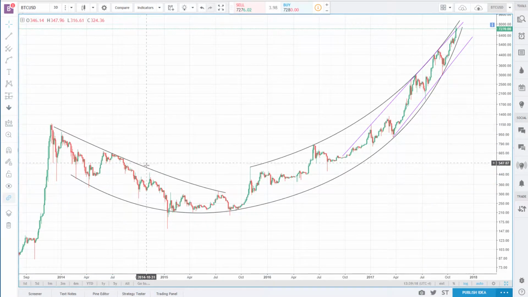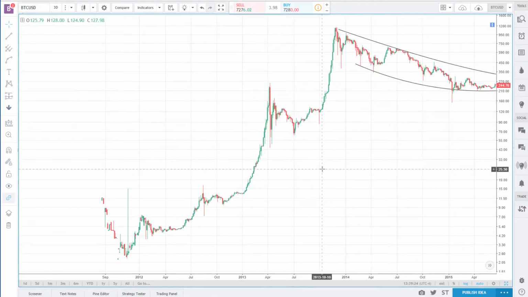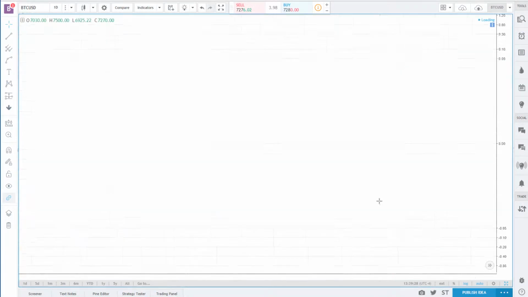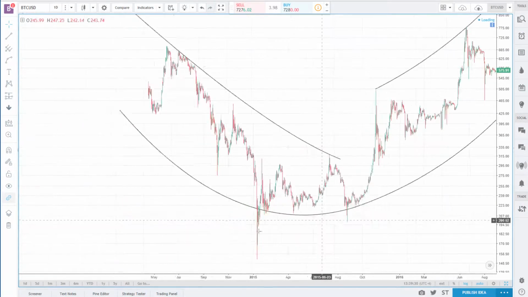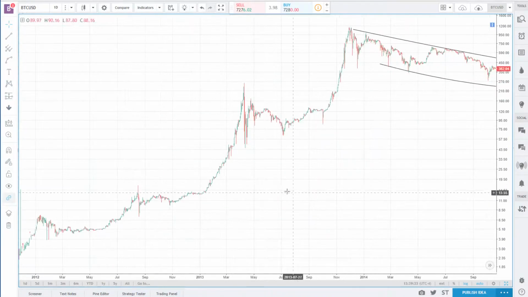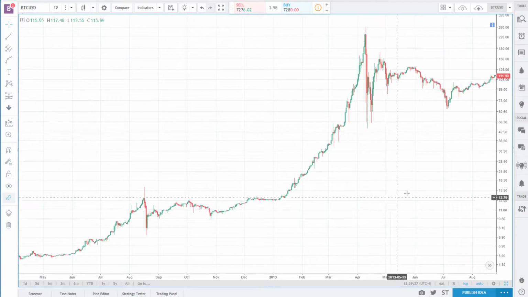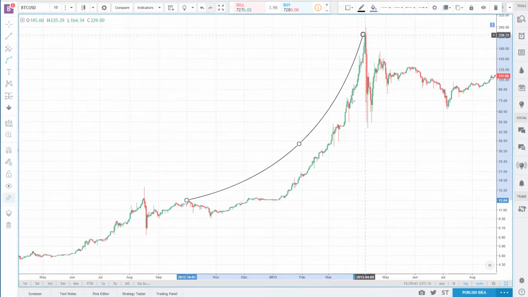So you see that Bitcoin goes through these phases of parabolic rises and demises, right? Not demises, that sounds a little pessimistic, but you can see it. And then if we go on the 1-day here and zoom over, let's go through a brief history of parabolic curves with Bitcoin so we can understand what we might be up against in the future. Once again, we see a parabolic growth curve.